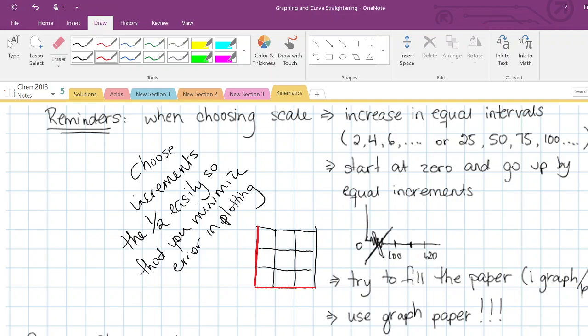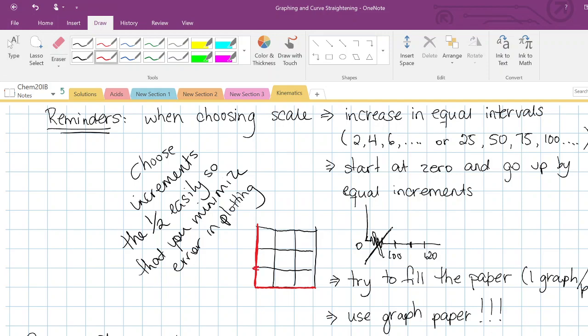That's going to be my X and my Y axes. I'm not going to start my graph somewhere in the middle of the paper. I'm going to use that border of my graph paper in order to create the X and the Y axes.